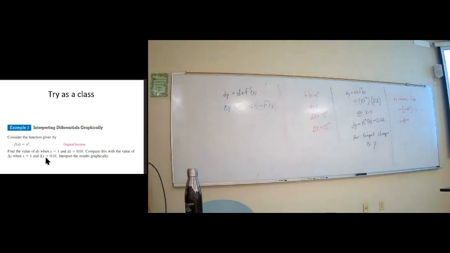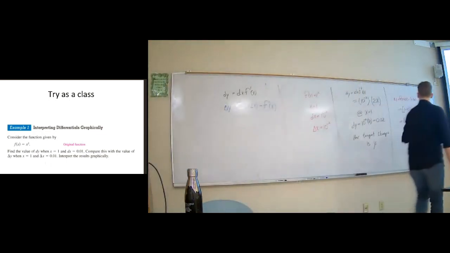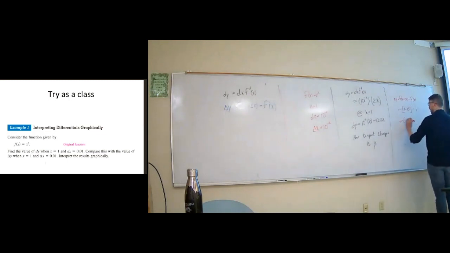Let's check. Getting out my calculator really quick. Yep, 0.0201. Let's get back to that. 0.0201 minus 1 is equal to 0.0201 is equal to the change in y.